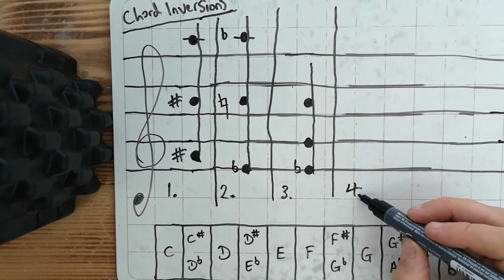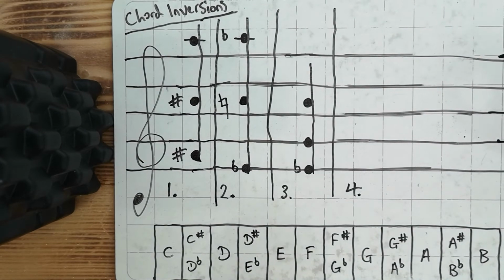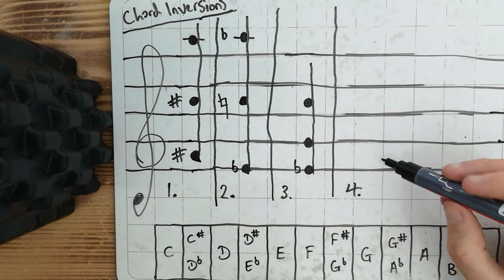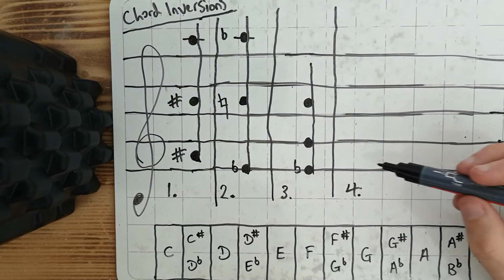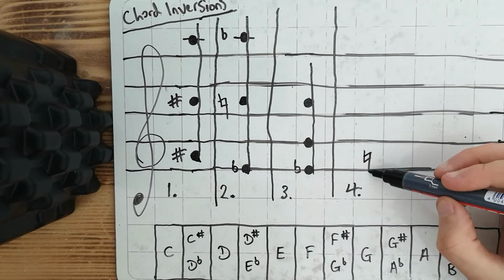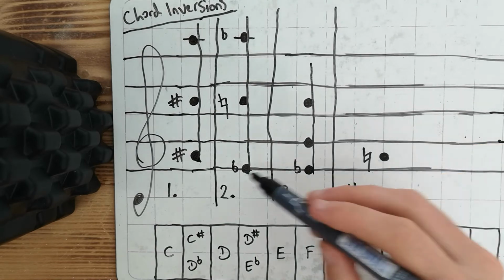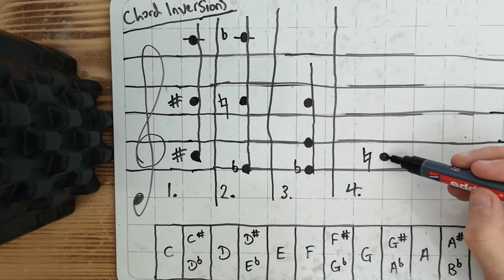So again, copy these chords out, work out the notes, and work out what inversion it's in. Let's just do 2 more. Just going to put a natural symbol there just because I've got an F sharp earlier on. So that is an F natural.